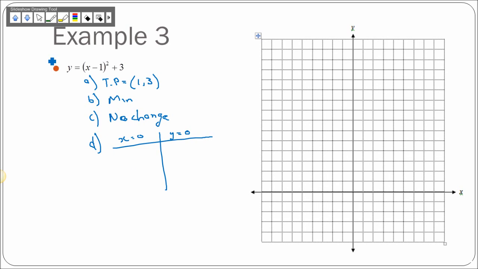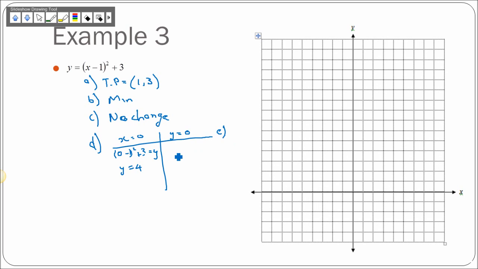So, if we substitute those values in, for x equals 0 first, we would have (0 minus 1) squared plus 3 equals y. Or minus 1 squared is 1, plus 3 is 4. So y equals 4. So we've got our y-intercept, and this will be part E over here.